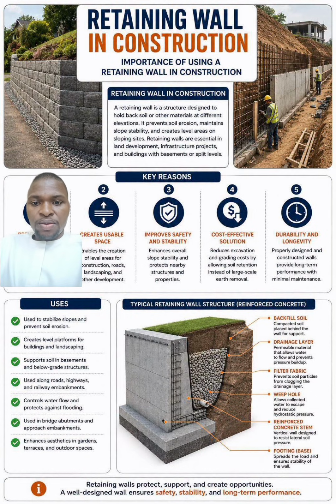Then we also use retaining wall to enhance aesthetics in gardens, terrains, and outdoor spaces. So in outdoor spaces, during landscaping, you can make use of your retaining wall, because this helps to enhance the aesthetics in the garden and your terrain.